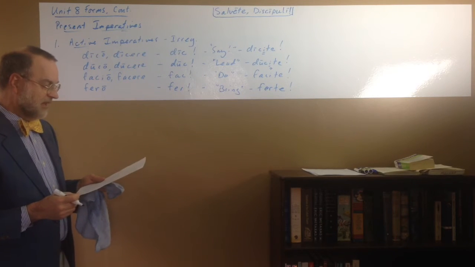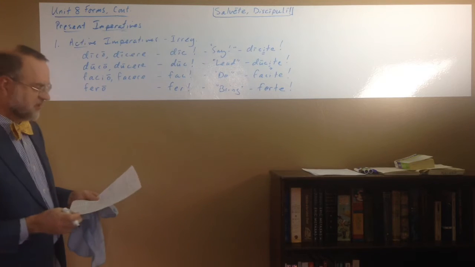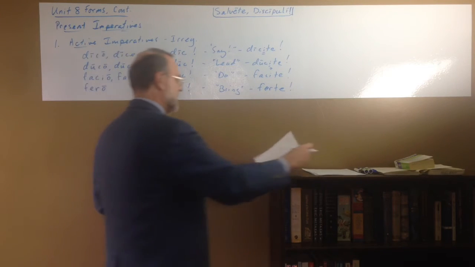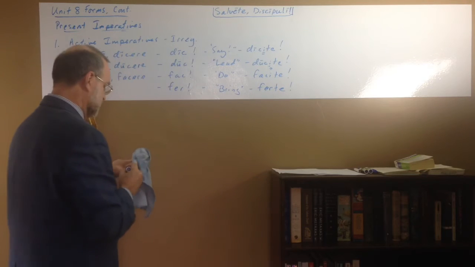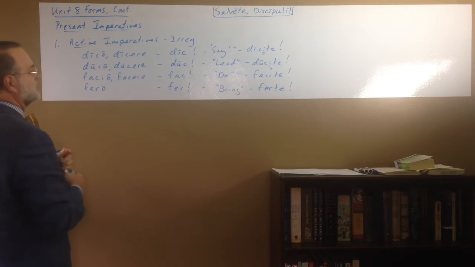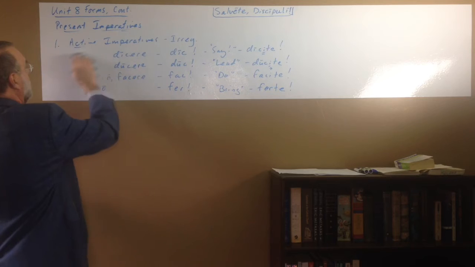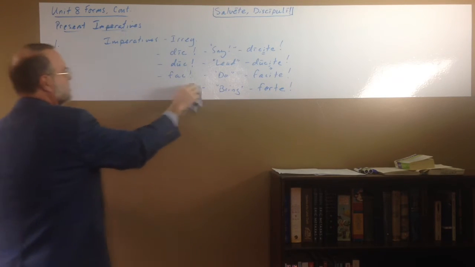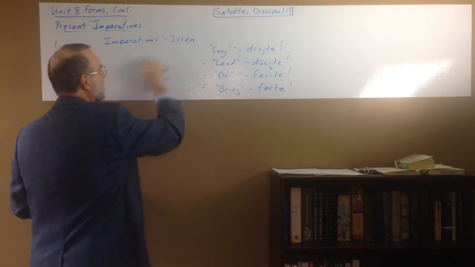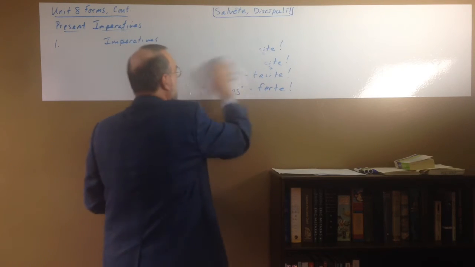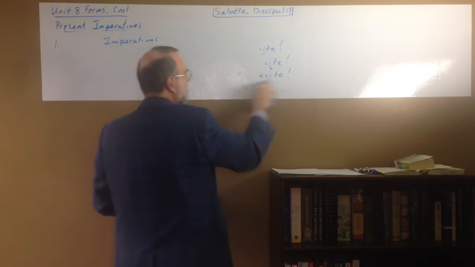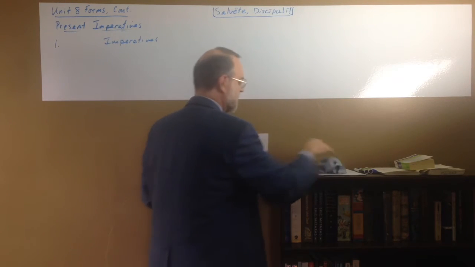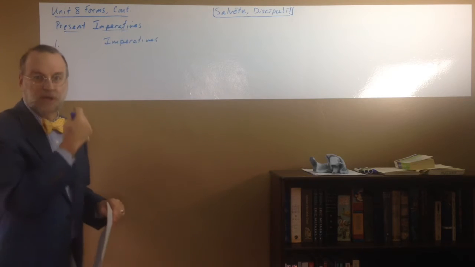Okay. Okay, so those are the active forms, but we also have passive forms. And this is where things get a little dicey, because the passive forms are going to be forms that you've seen before. Which can make for some difficulty sometimes in recognizing the form.